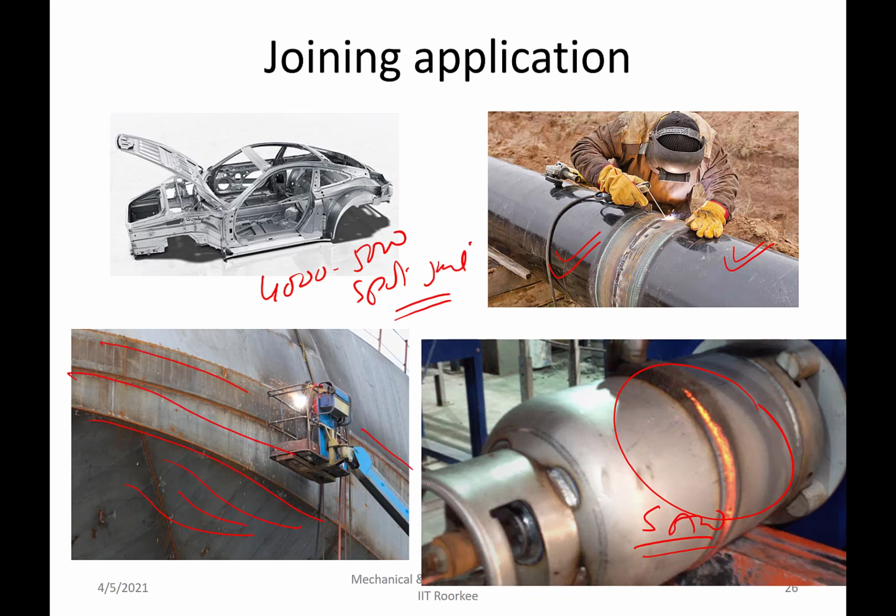So very heavy and large structures like ships and pressure vessels are made using joining only.